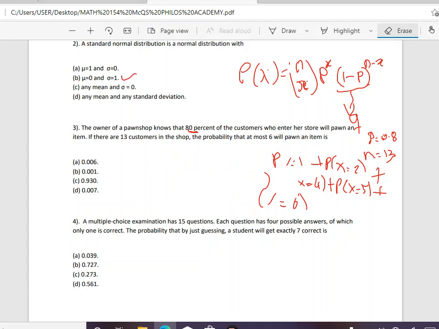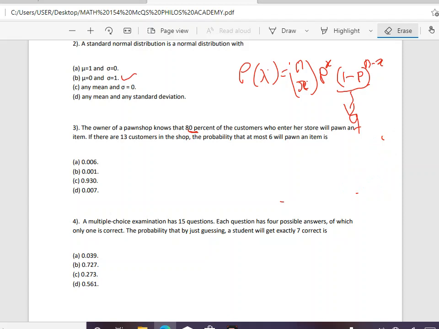So let's find the probability that x is exactly 0. Now, to do that, it gives you n. Our n is what? 13, right? Combination x. What is our x? Our x will be 0 when x is exactly 0.